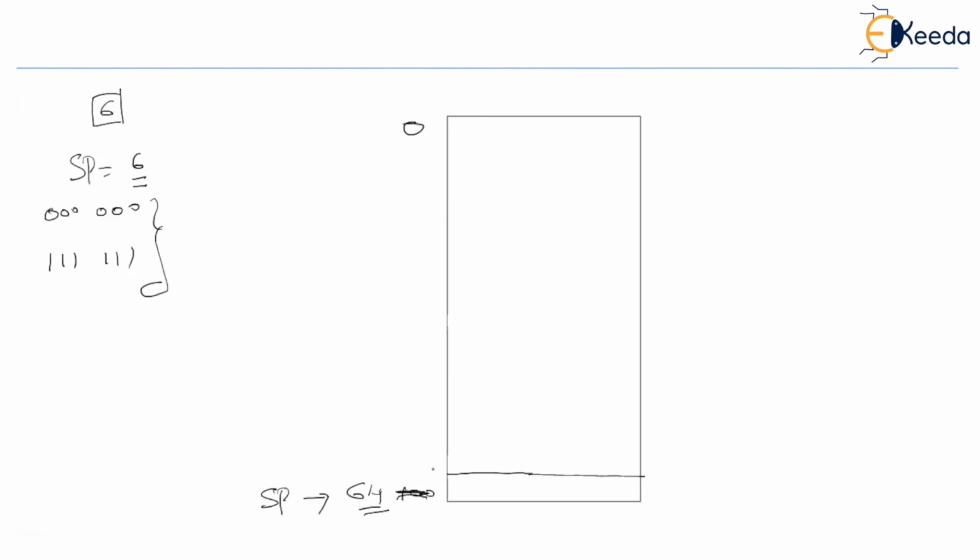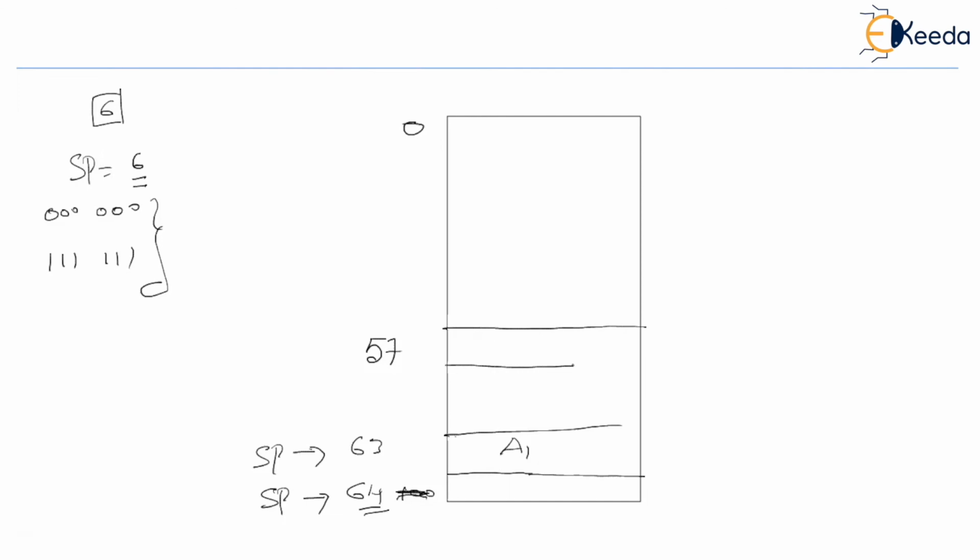Okay. Then a push operation is performed, meaning stack pointer gets decremented initially, that is 63, in which the element 1 will get pushed. Okay, the final element is 64, 63, 62, 61, 60, 59, 58, 57. So the final element will be at 57 as an 8 element stack.